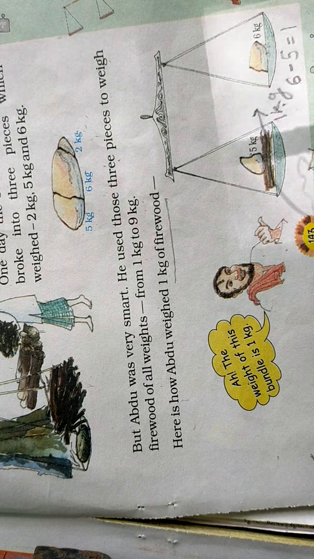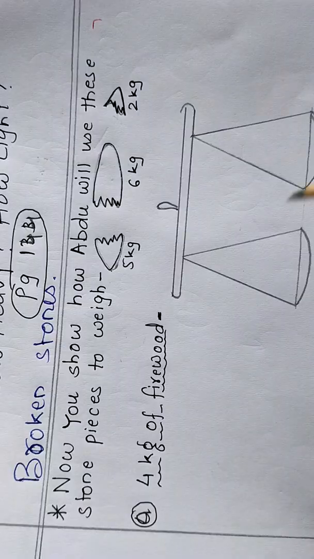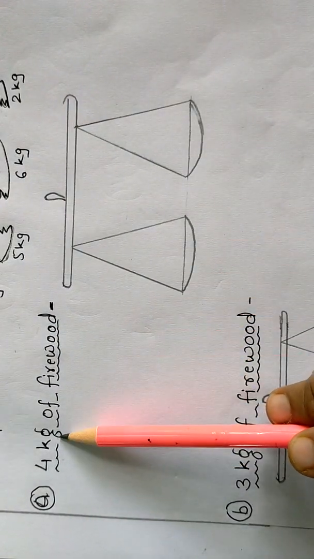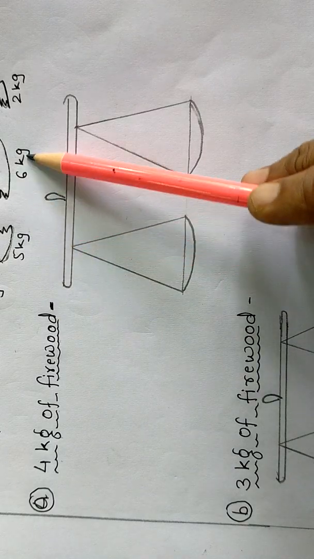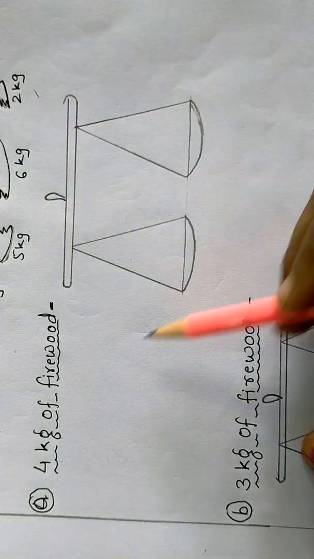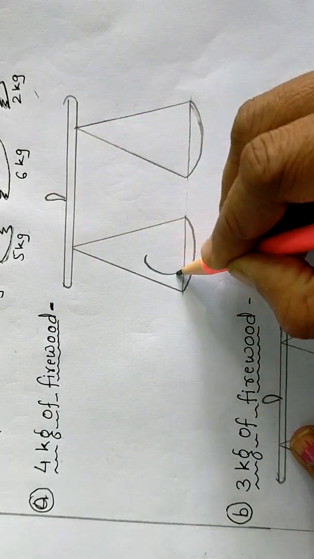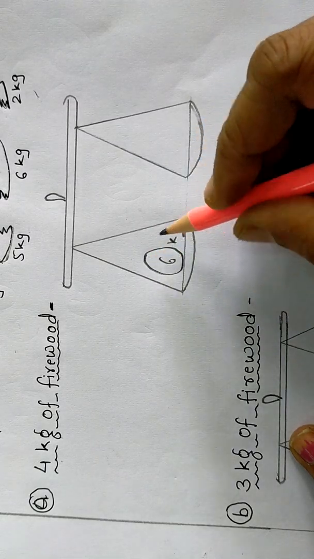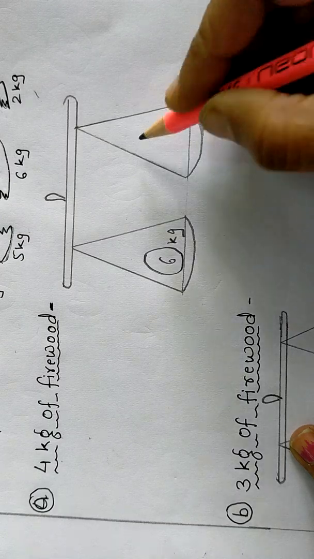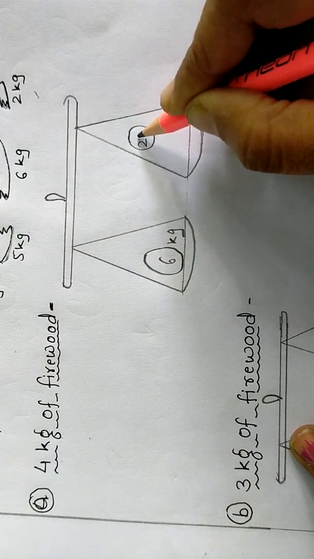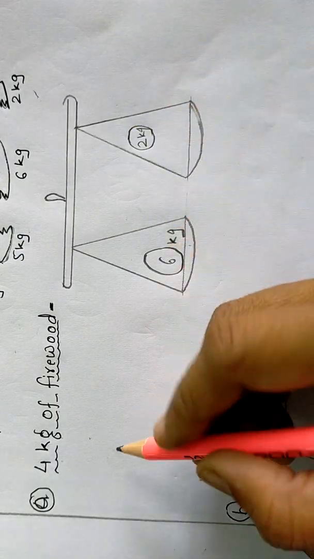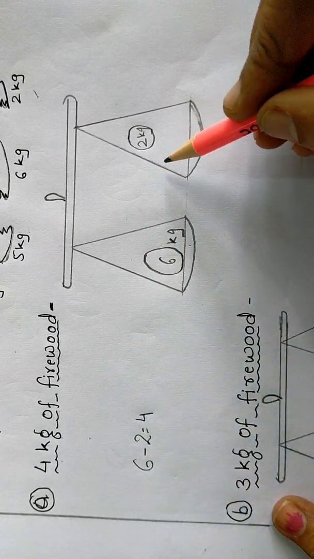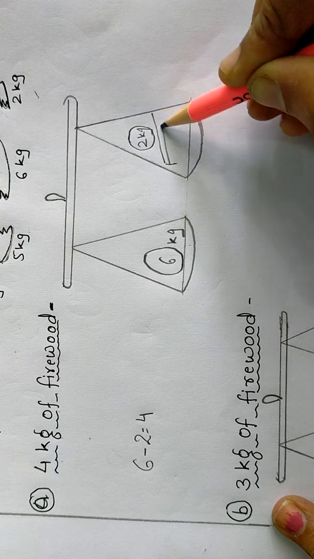Now let's see the second page, 144. Now he wants to weigh 4 kg of firewood by using only these three. So on one side he keeps 6 kg, right? And this side he wants 4 kg. So on this side he will keep first of all 2 kg weight, right? So here 6 minus 2 is equal to 4, and then he starts keeping the firewood here.